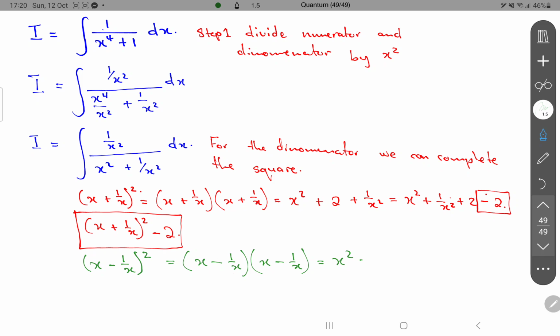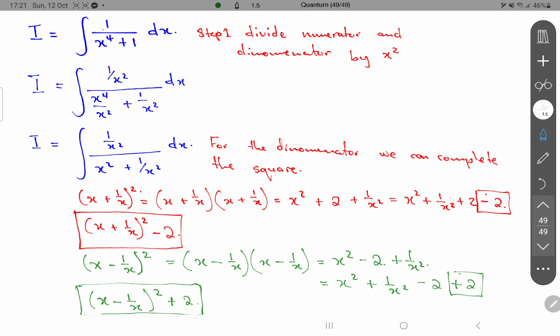So to give you a minus 2 here, then plus 1 over x squared, it's going to be x squared plus 1 over x squared minus 2. Then we are adding a plus 2. So this case can be written as x minus 1 over x squared plus 2. So we have got two situations here, and we must keep them in mind. We need these two situations.